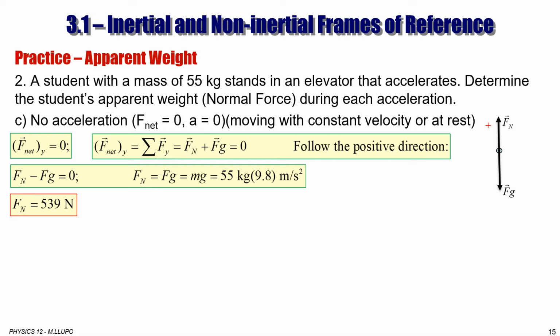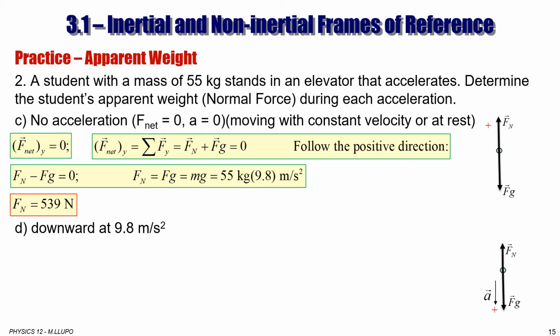Let's see. We draw a free body diagram as always. We have two forces, Fg and Fn, and the acceleration is going downward. That will be the positive direction. So we follow the same steps. F net y is equal to ma. Why? Because it's accelerating. It's the second Newton's law this time.